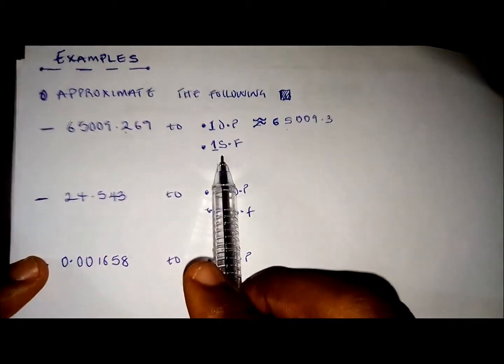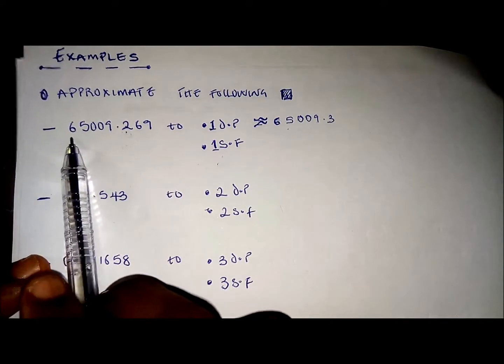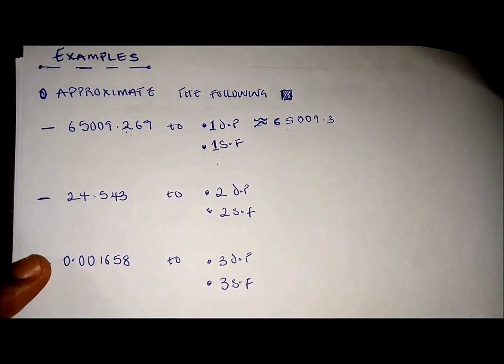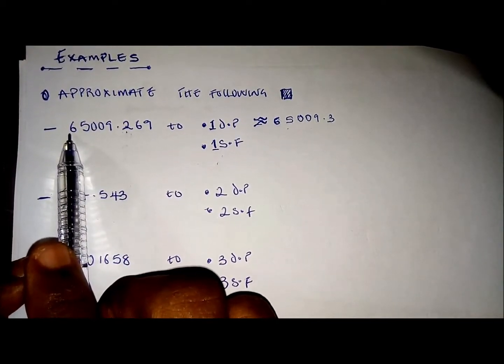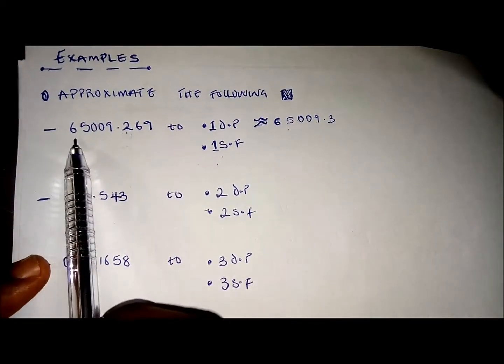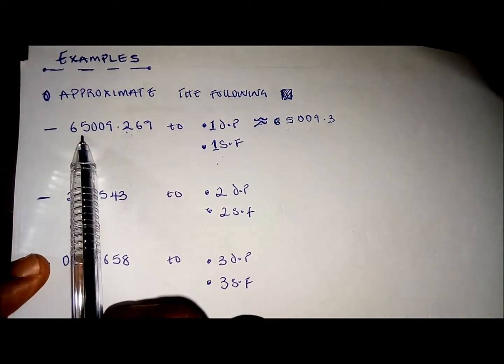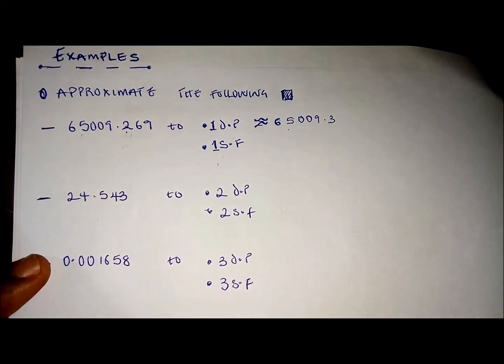Now to one significant figure, remember we said significant figures are important single digits. So like here we have 1, 2, 3, 4, 5, 6, 7, 8 significant figures. Okay, and 6 occupies the position of the first significant figure. So approximating this to one significant figure, we're going to round up because the next number here is 5, and we notice that rounding up is from 5 to 9.